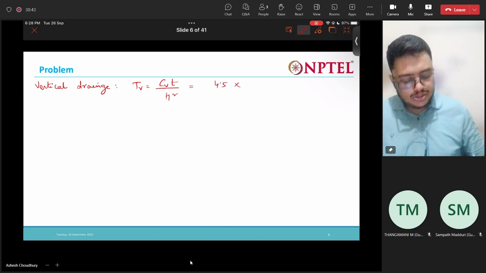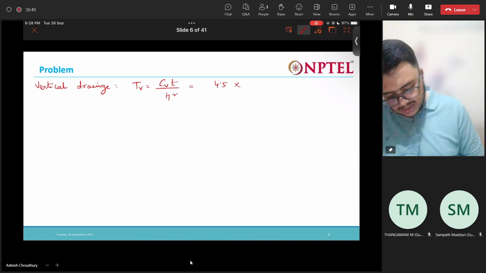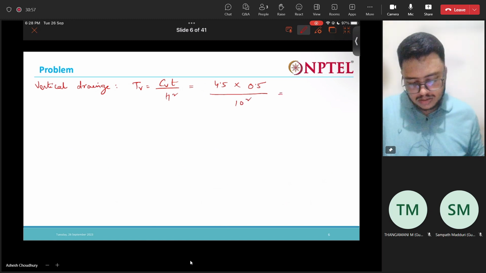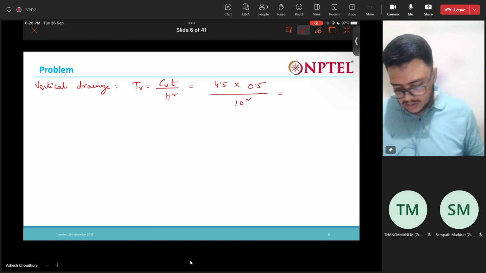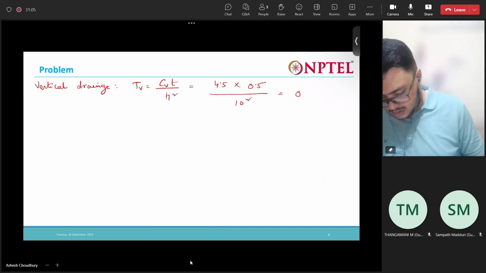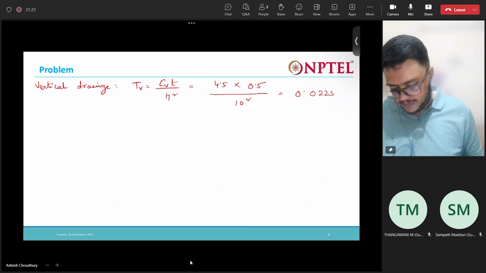The time we need to determine is 6 months, which means 0.5 years. We are using years as CV is also per year. H squared is 10 squared. So please find this out. This is 0.225, this is the TV.